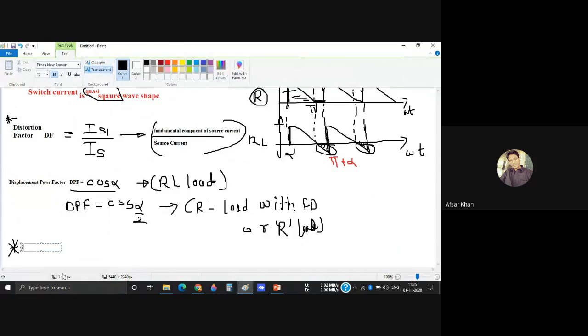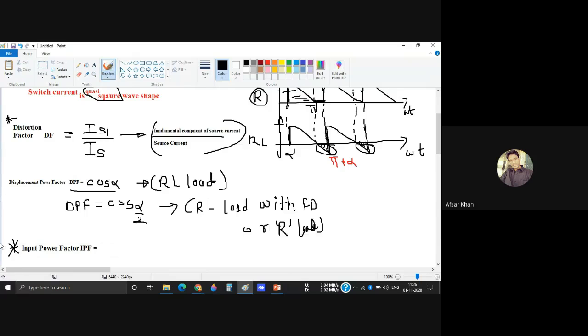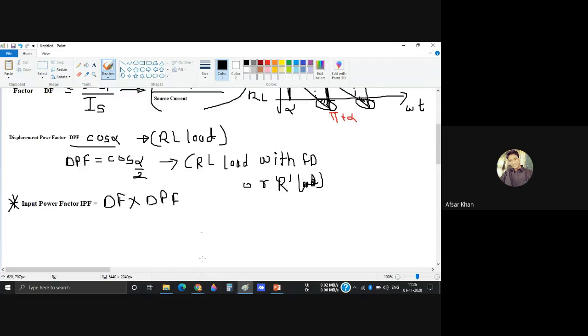Input power factor is the distortion factor multiplied by the displacement power factor. It is the product of DF and DPF. Okay, students.